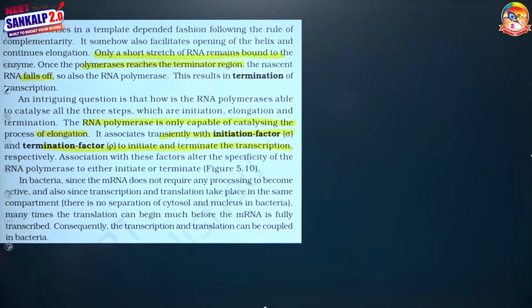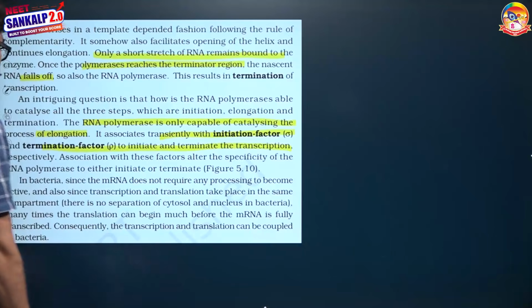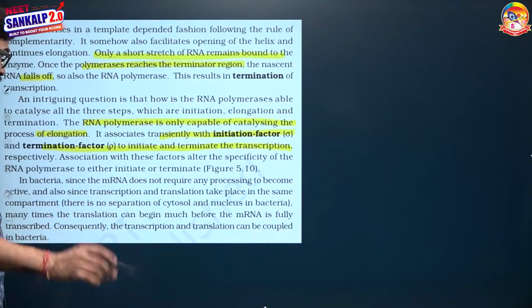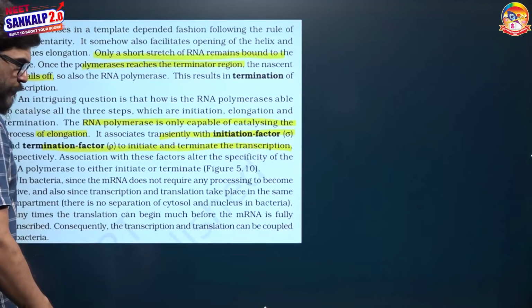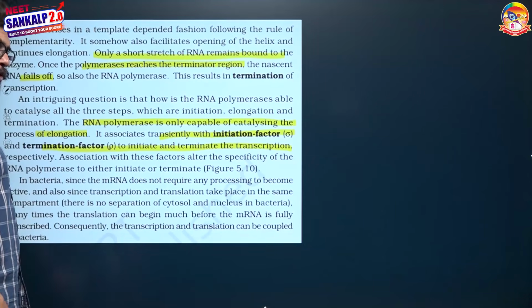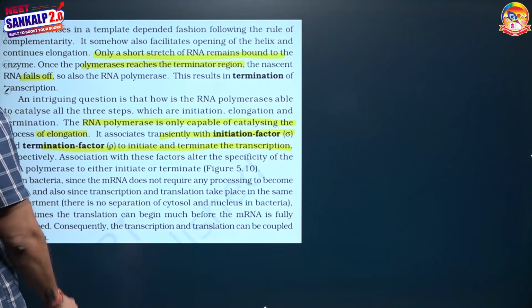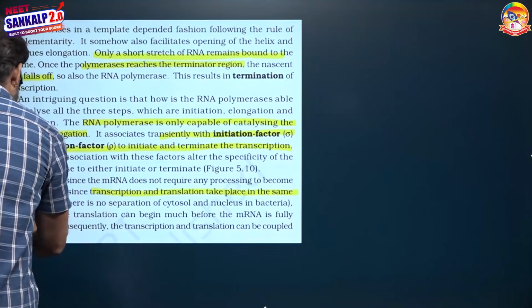In bacteria, since messenger RNA does not require any processing to become active RNA, meaning no post-transcriptional processing, but in eukaryotes, transcription is followed by processing, so there is a provision of post-transcriptional processing. In prokaryotes, because transcription is not followed by processing, we can say that transcription and translation take place in the same compartment.